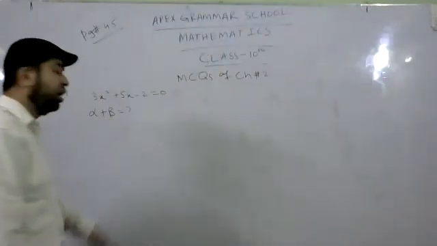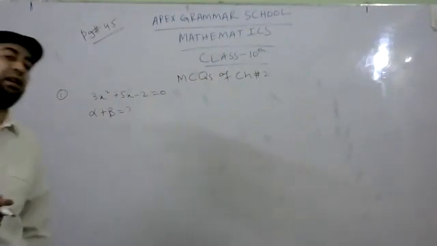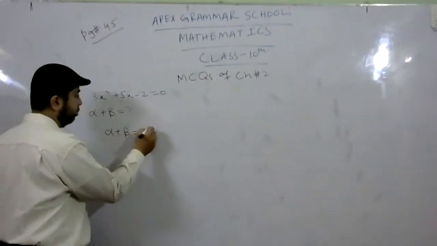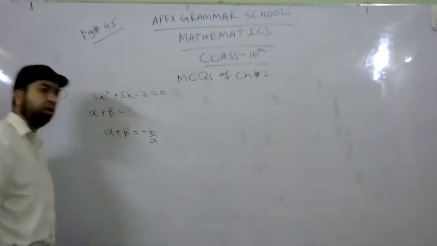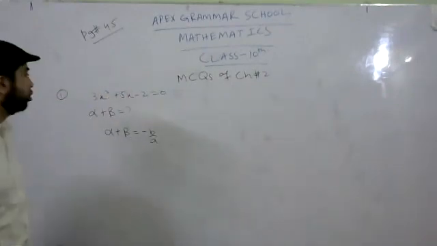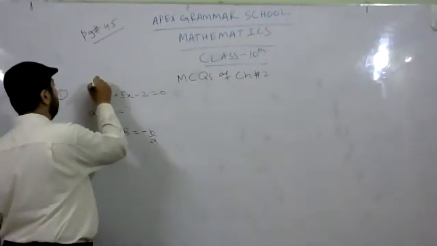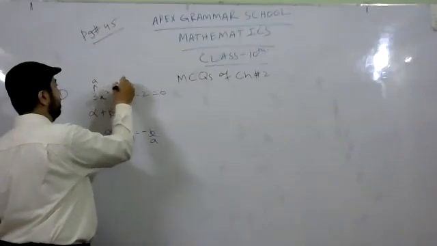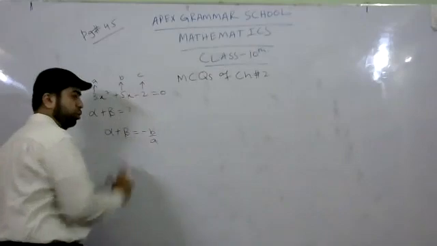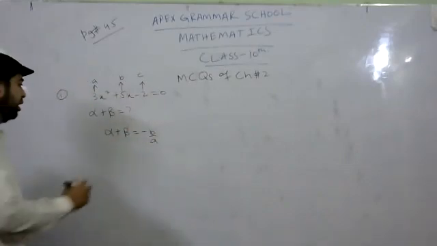The formula for alpha plus beta is minus b over a. First we need to find the values of a, b and c. The value of a here is 3, the value of b is plus 5, and the value of c is minus 2.